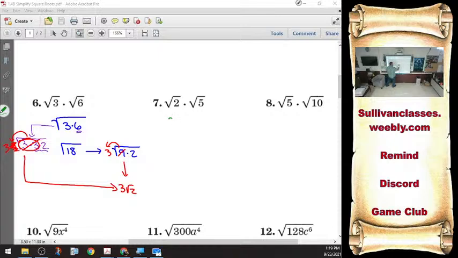They're both in radical land, so I'm going to throw them both in radical land. What are both those numbers? 2 times 5. But what do we call them? They're both prime, right? Well, if all of my numbers are prime, that means I can't break them up anymore. I don't see a pair of things, so I can't take anyone out of radical jail.